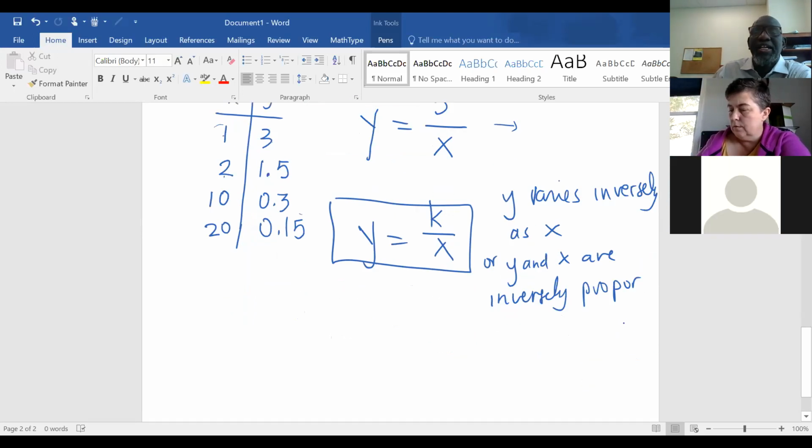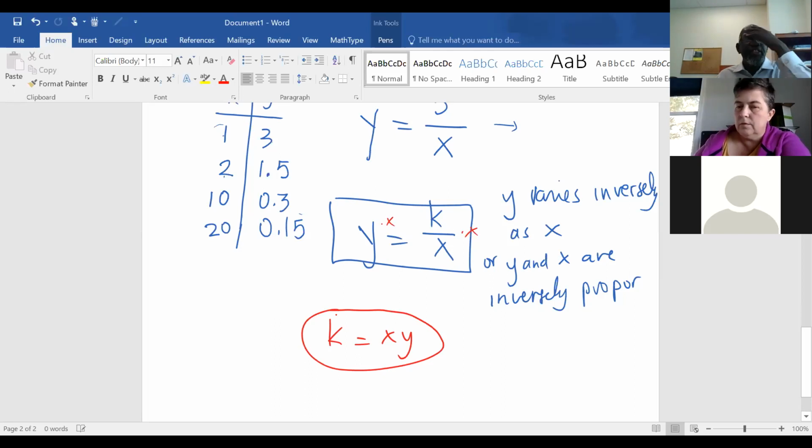Okay, Y and X are inversely proportional. In this case here, the K happens to be Y times X. You see, when we multiply X on both sides here, the X cancel out, so we get K is XY. Okay, that is the inverse variation. The K here is XY. All right.